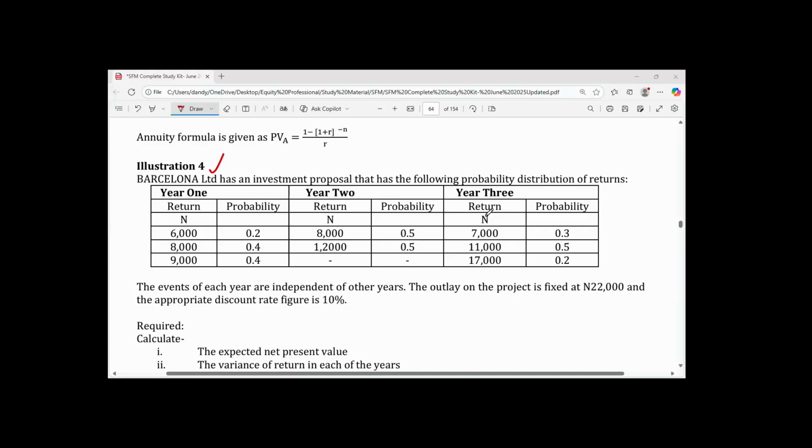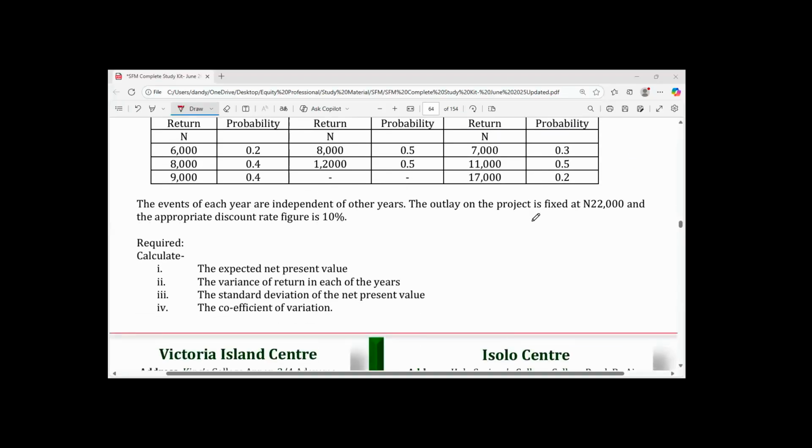Barcelona Limited has an investment proposal that has the following probability distribution of return. The events of each year are independent of other years.